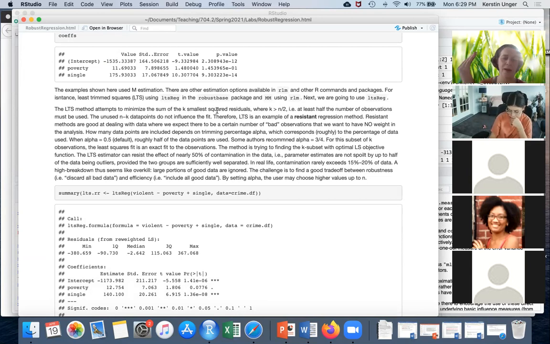If you say, I want to use 50% of my data points to run this robust regression, then the algorithm is selecting all possible subsets that contain like 26 data points, right? So we have here 51 cases. So it might divide your data into all potential partitions that all include 26 data points.